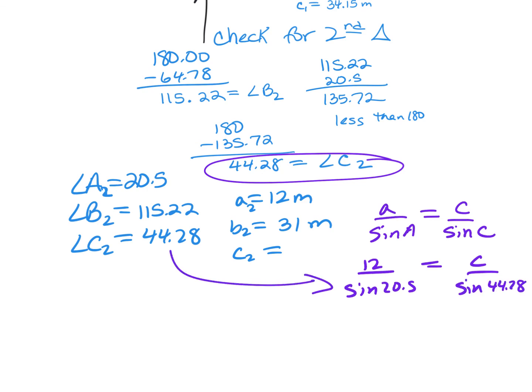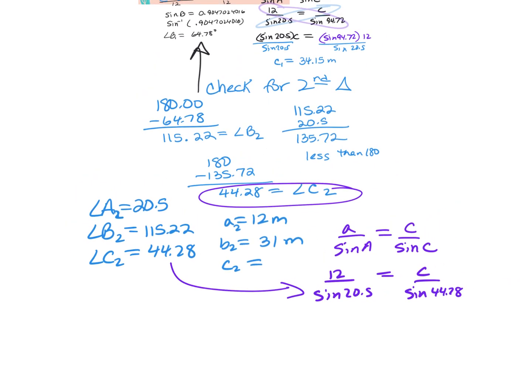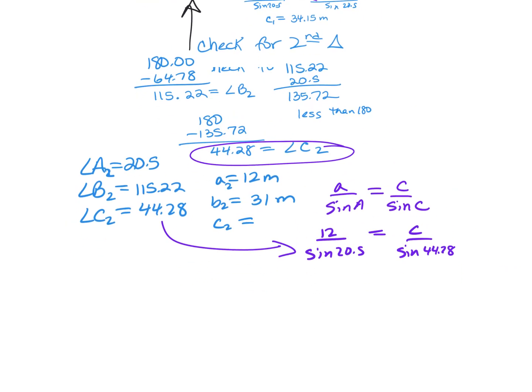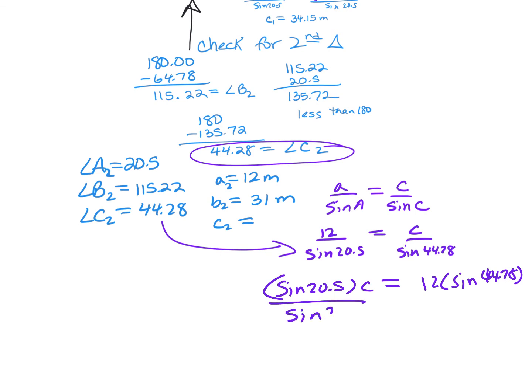So now I'm using this angle C where I did a different angle C in the other one. Cross multiply, sine 20.5 times C equals 12 times sine 44.28. And then once you cross multiply and divide, it gives you the last piece. So I'm just going to divide by the sine of 20.5. So I'm going to do 12 times the sine of 44.28 divided by the sine of 20.5.